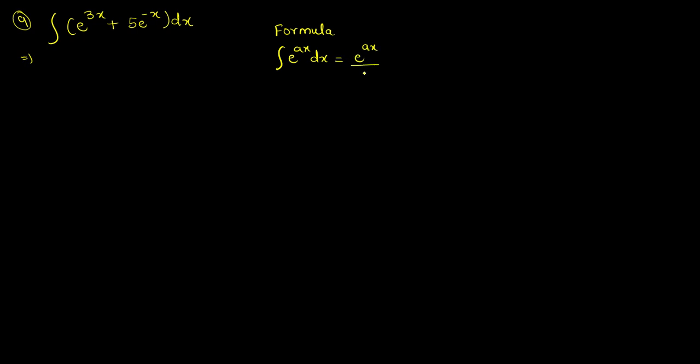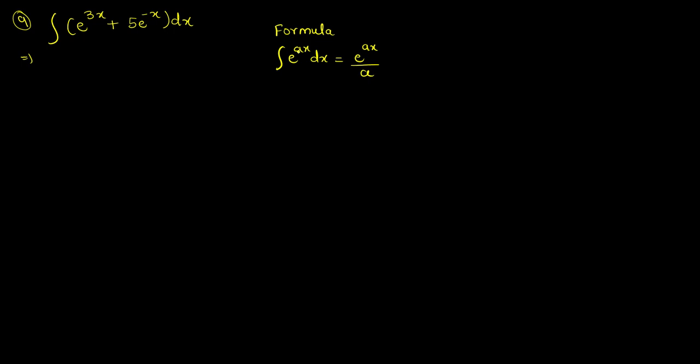Looking at the next example, ninth question, that is integral of e power 3x plus 5 e power minus x dx. So if you look into the formula for this, the formula is integral of e power ax dx, and that will be e power ax divided by a.